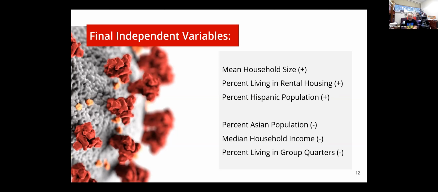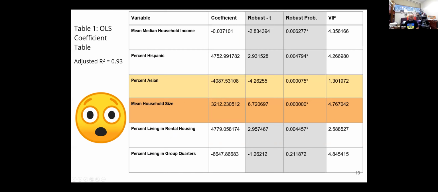Those were all positively correlated with COVID-19 infection rates. And then we also found that percent Asian population, median household income, and the percent of people living in group quarters were all negatively associated with COVID-19 infection rates.